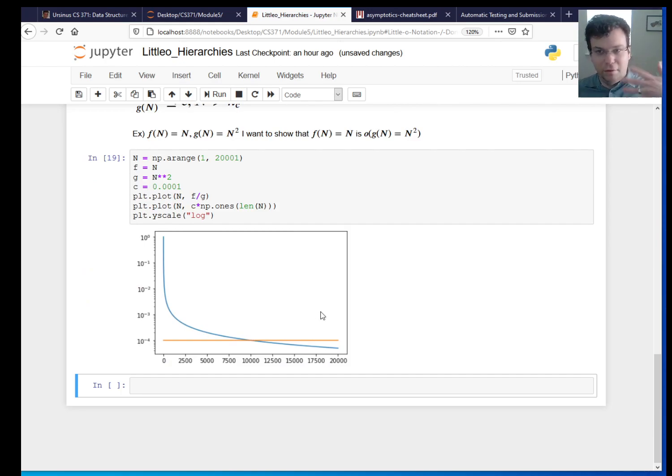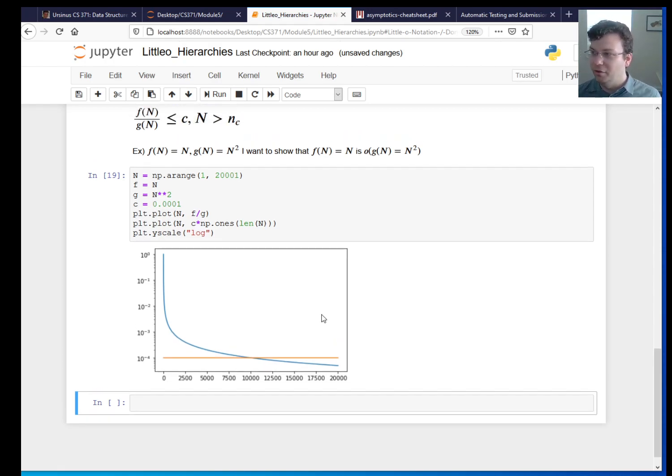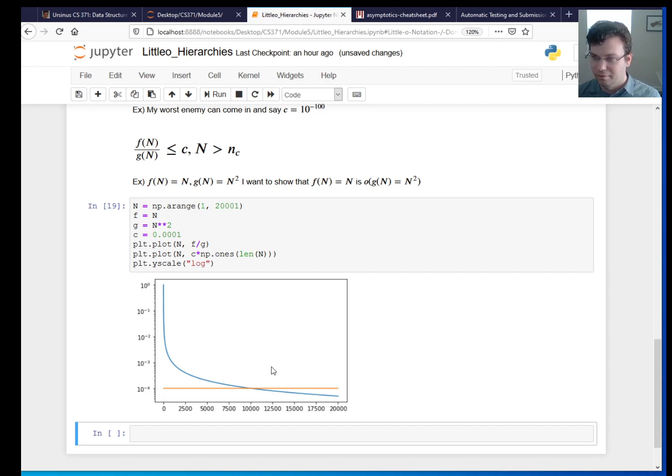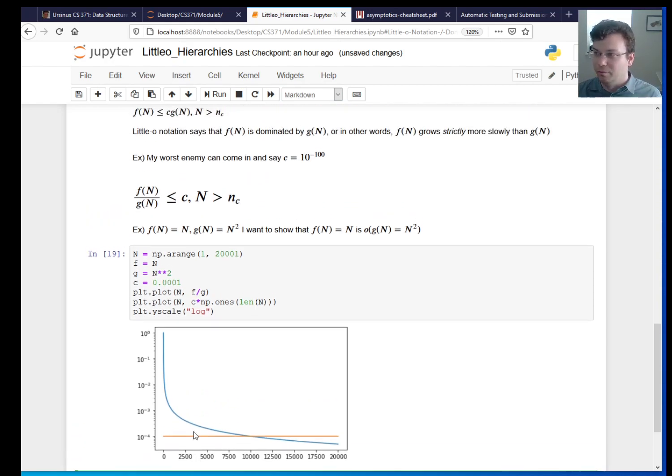Now, your mind should be reminiscing back to calculus now, because really this is saying something about a limit. Okay, so there's a little lemma or theorem that we can state that's going to help us prove these relationships.